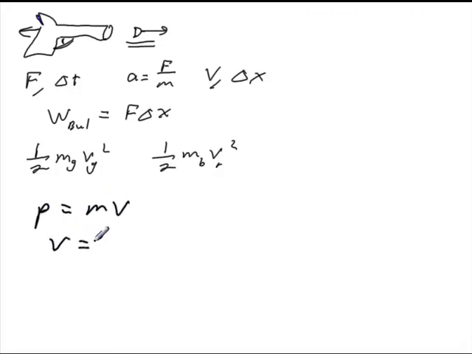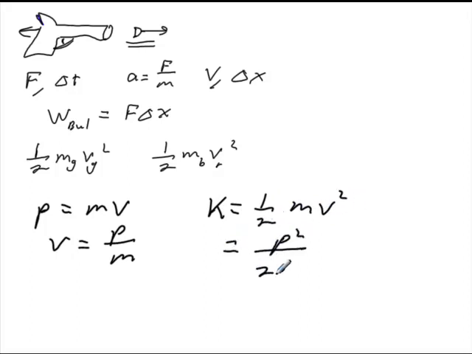So v is momentum over mass. So the kinetic energy equal to 1/2 mv squared is also equal to p squared over 2m. For the same momentum, the gun with a bigger mass will have less kinetic energy, whereas the bullet with a smaller mass will have more kinetic energy.